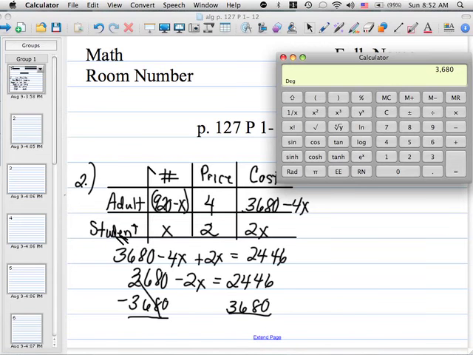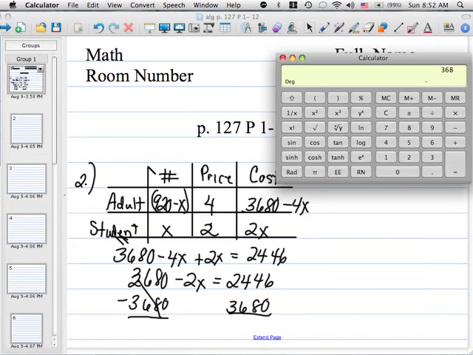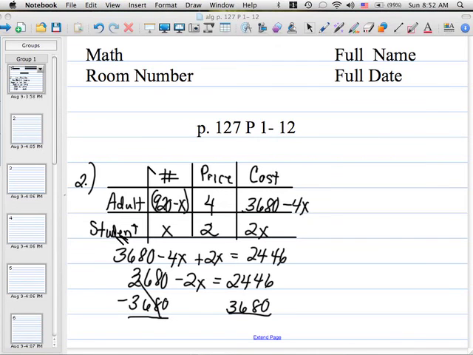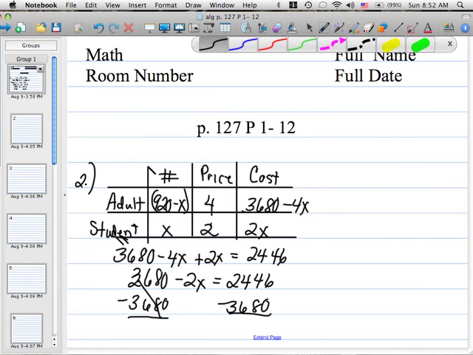We have a negative 3680, and we're going to subtract 2446 from that. 3680 minus 2446 gives us 1234. So negative 2x equals negative 1234.